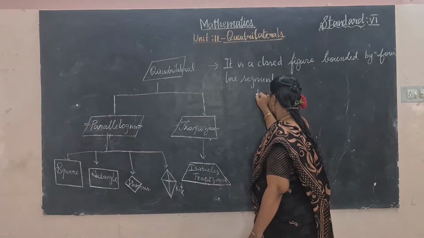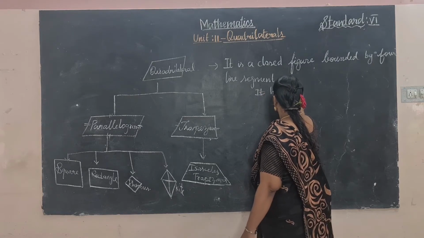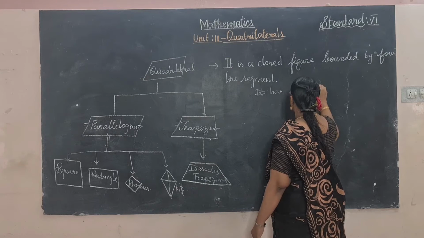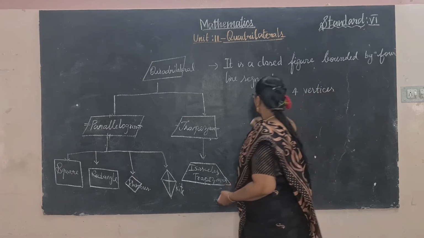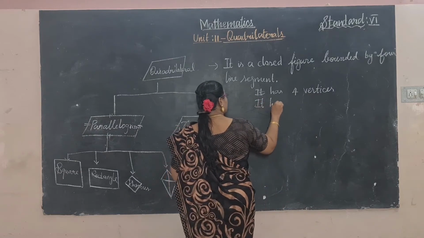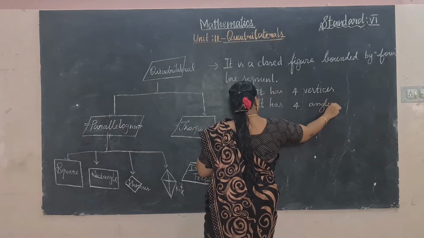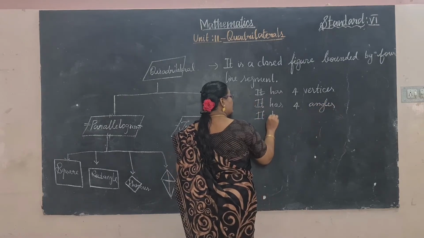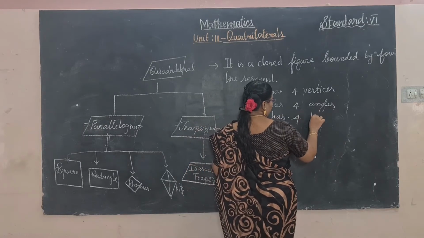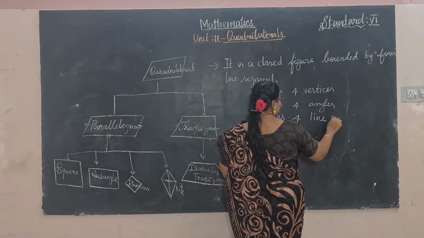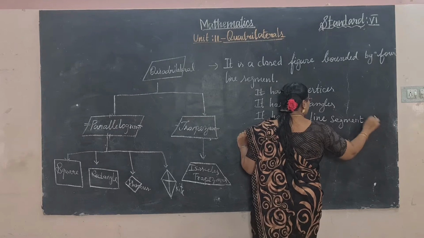It has four vertices, four angles, and four line segments or sides.